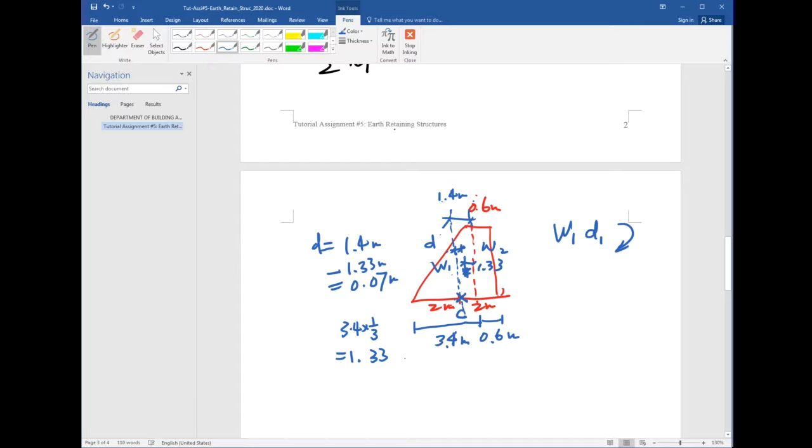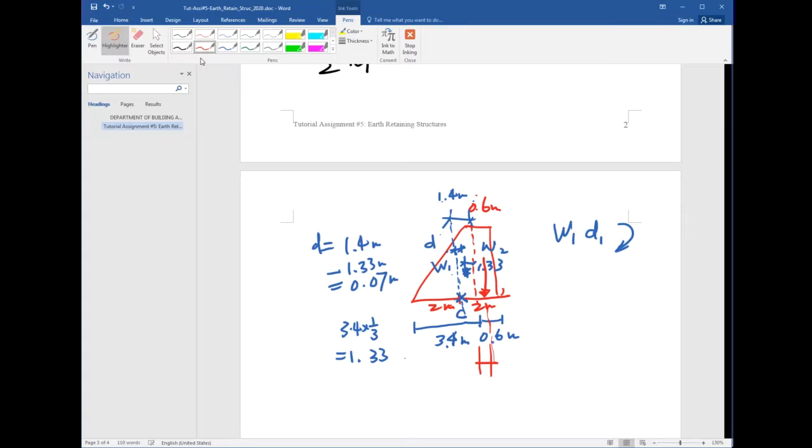And also here, what about the D2? The D2 is here, right? Okay, D2.